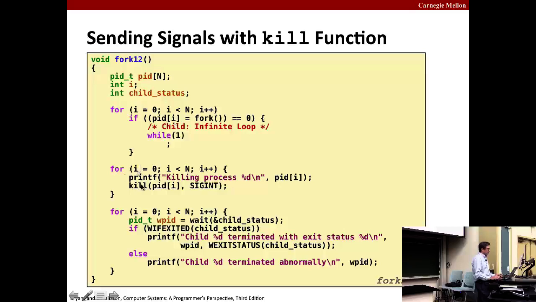And then in another loop, we go through and we kill each of those child processes by using the kill function, passing it the process ID and the signal that we want sent to that process. Okay. And then we do our due diligence and reap each one of those children that we've terminated.